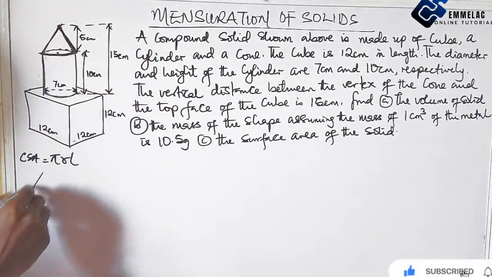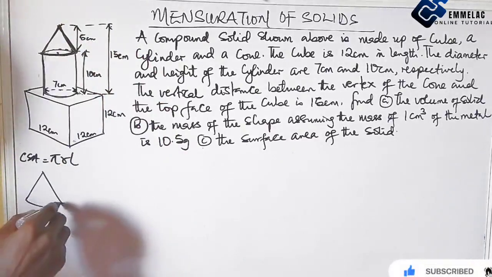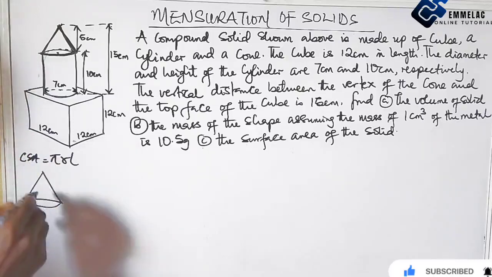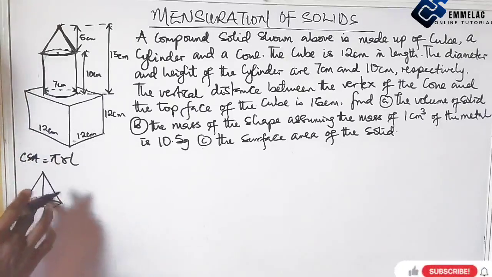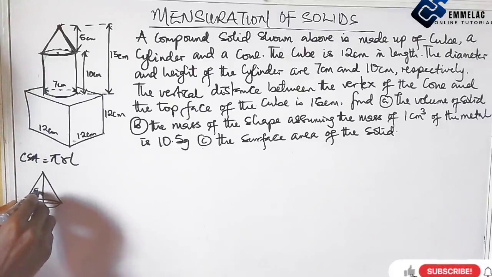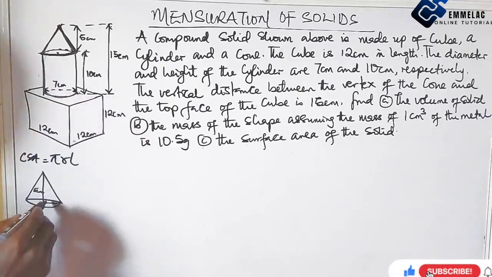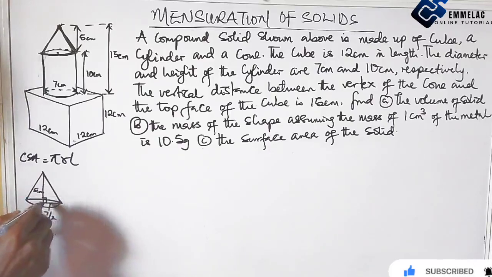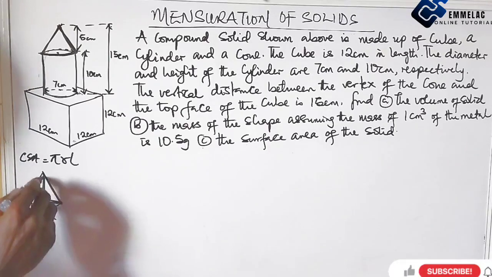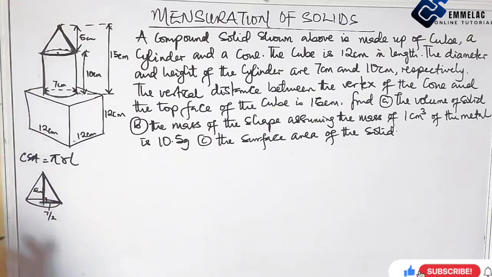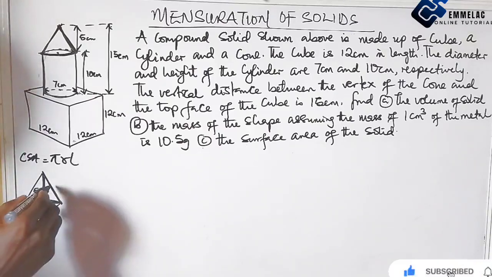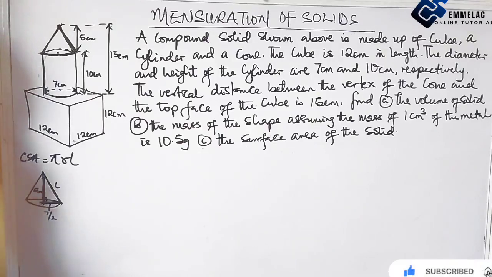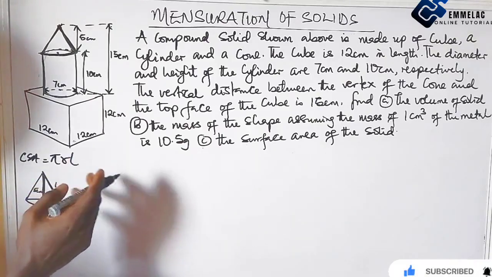If I were to draw it out, the height is given as 5 and the base radius is 7/2. We don't know the slant length here. You can see that this triangle is a right-angled triangle, so for us to get it, we have to implement the hypotenuse theorem.